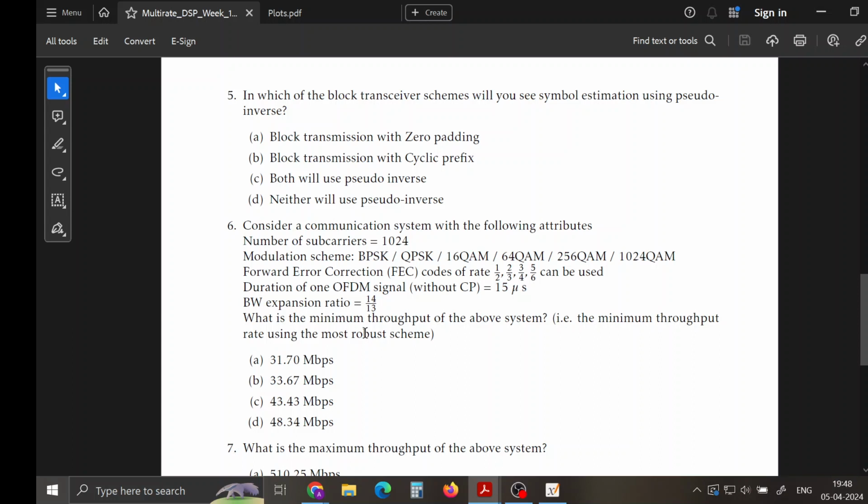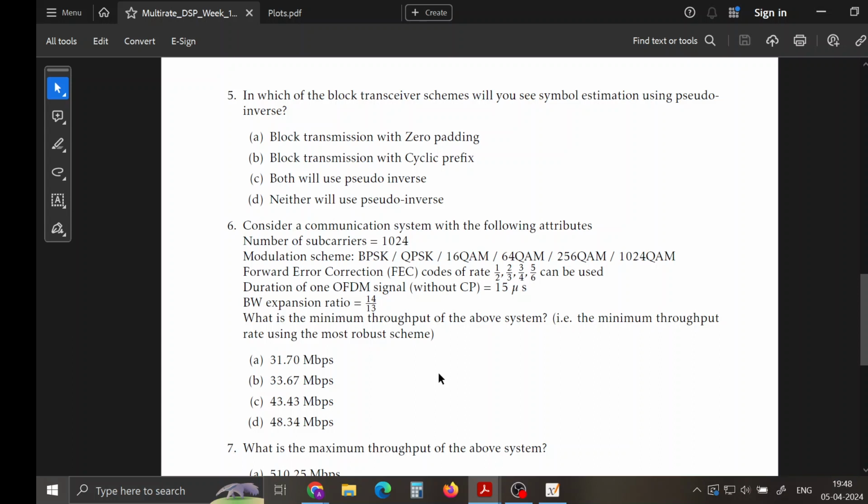Given these attributes, what is the minimum throughput of the above system? Now what does it mean? It means what is the minimum throughput rate using the most robust scheme. There are two aspects to this.